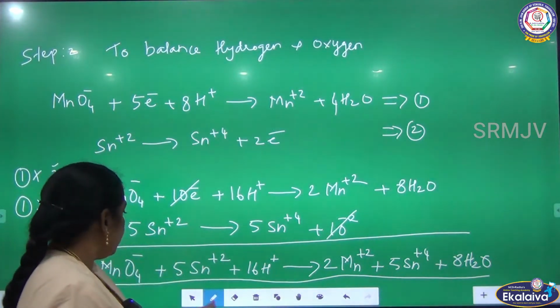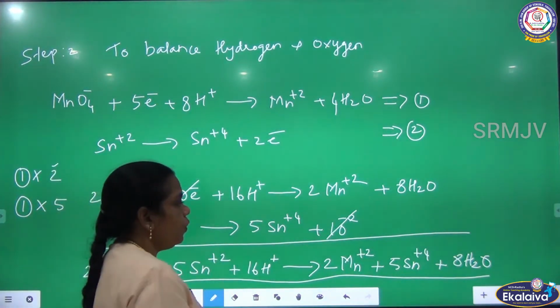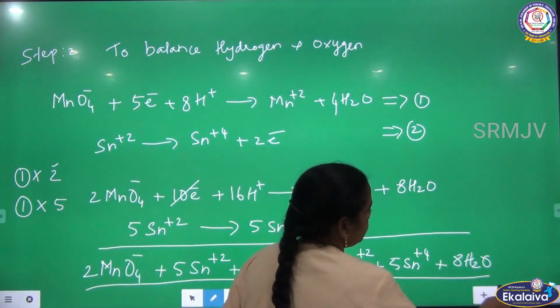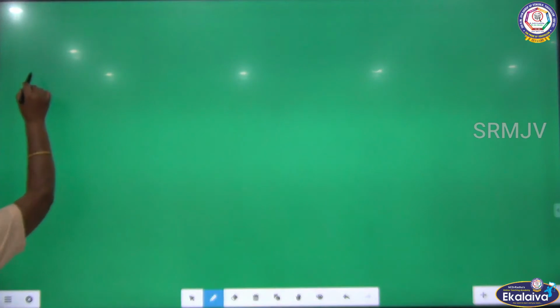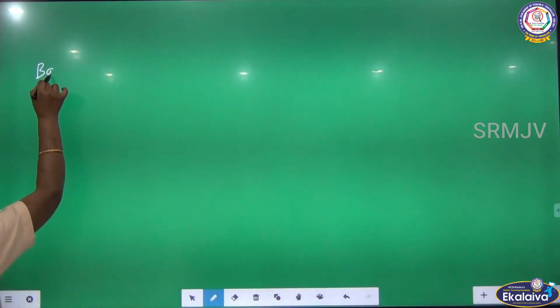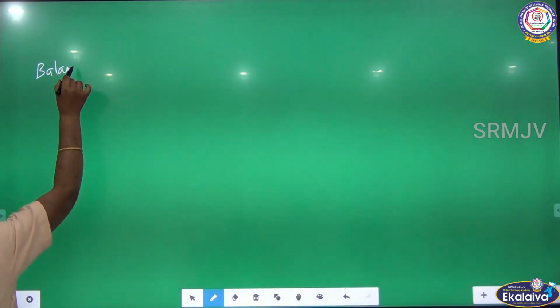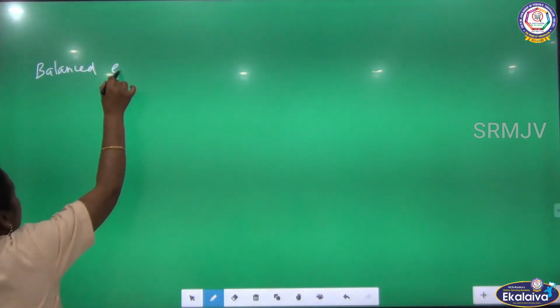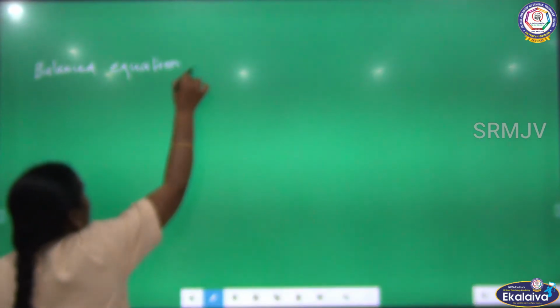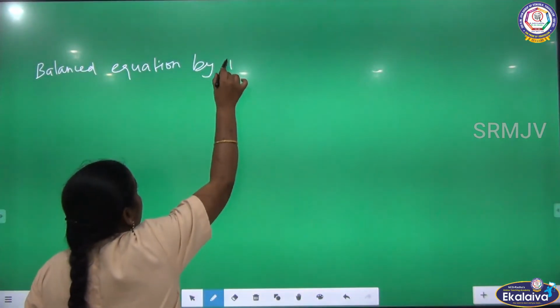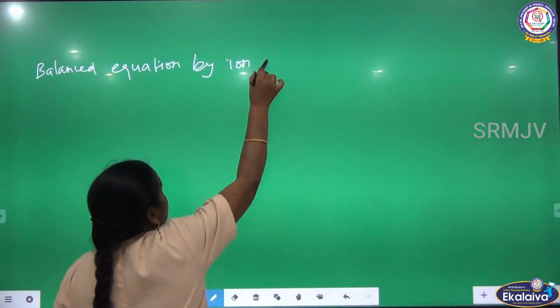You can write and see that 2 KMnO4. Now this is the balanced equation by the ion electron method.